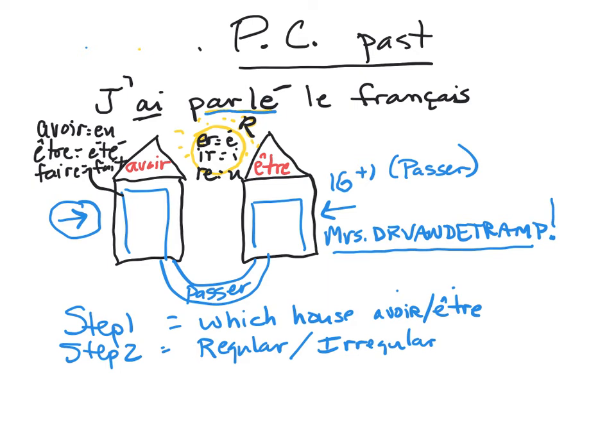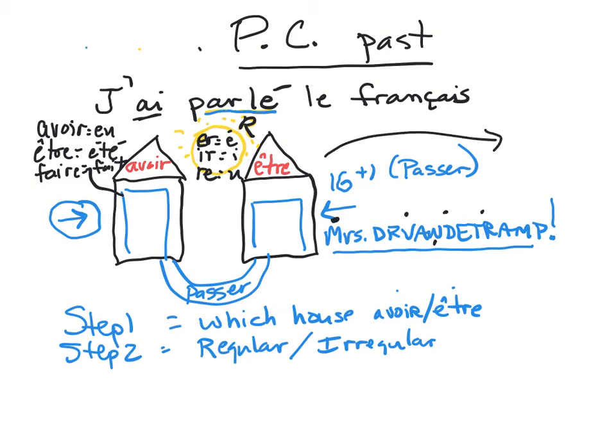The other house, the être house, there are 5, and it is venir, it is devenir, it is revenir, and it is mourir, and it is naître. So I'll write those over here.